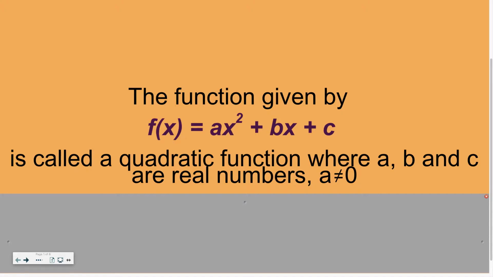So instead of working with quadratics in this form, I think it would be more beneficial for us, we just got out of our transformations unit, okay? I think it'd be more beneficial if it looked more like shifts left and right, stretches vertically or shrinks or whatever, okay?